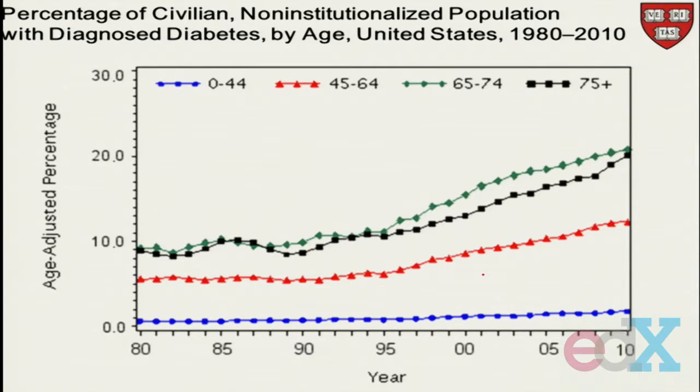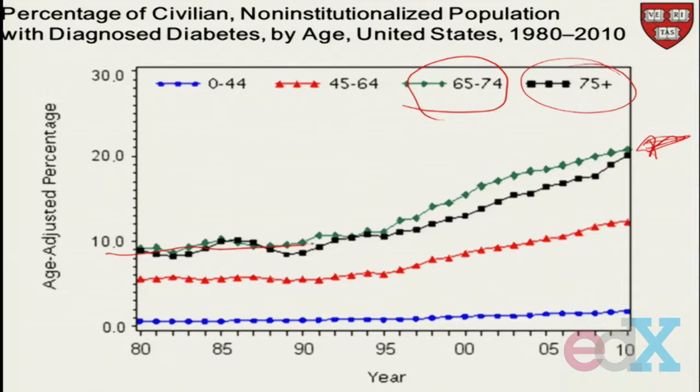And we can see that the two older groups, the 65 to 74 and the 75 up, sort of overlap each other, roughly equal to each other, and they both go up first at a gentle pace, and then from about 1995 on, for some reason, at a more accelerated pace.